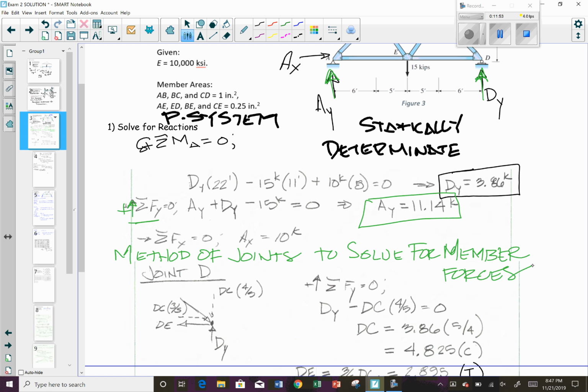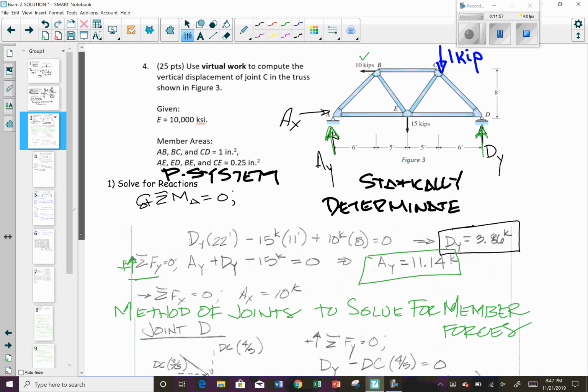Okay, so the first thing, I like to choose D, because it's just got one vertical component, and then that means that this guy is going to come in this direction, okay, to balance it out. I've assumed this going this way, so that means that this is going to be my only contribution to the vertical component, so I'm going to have a component of that going in this direction, and a component going in that direction.